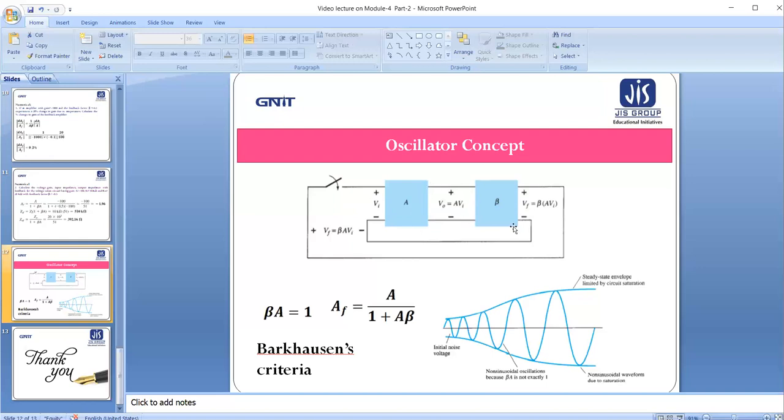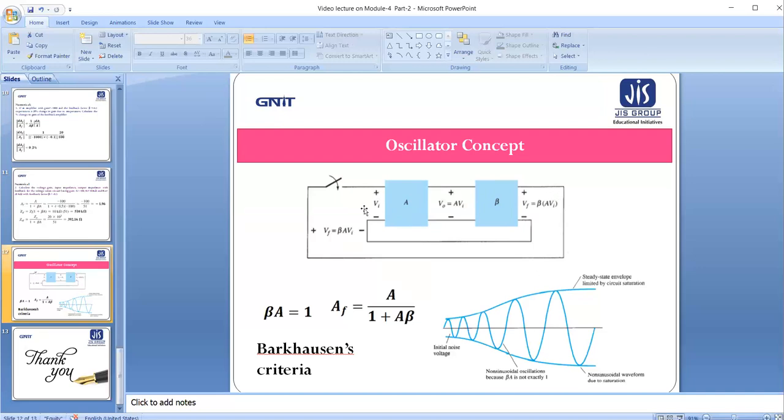This voltage will be fed back by the feedback circuit and it will develop VF equals beta A Vi. This feedback voltage will again go to the circuit.